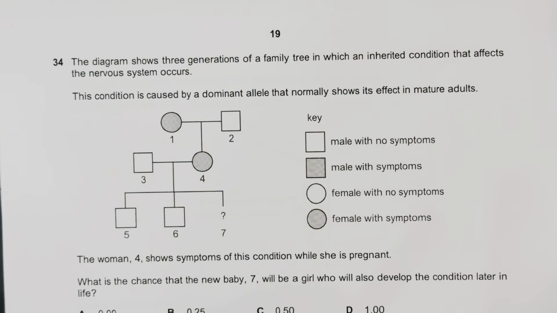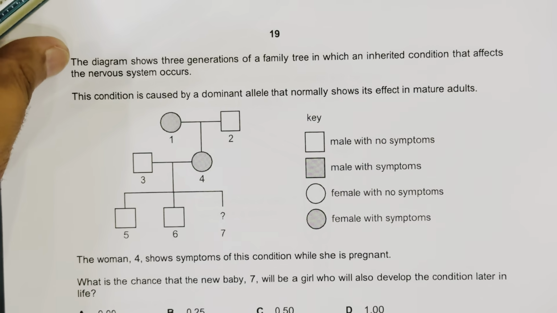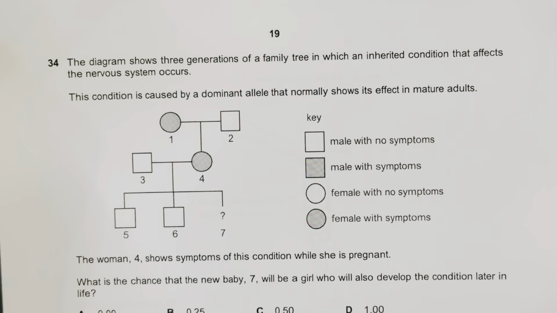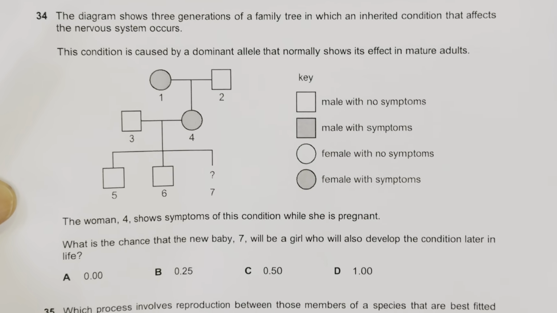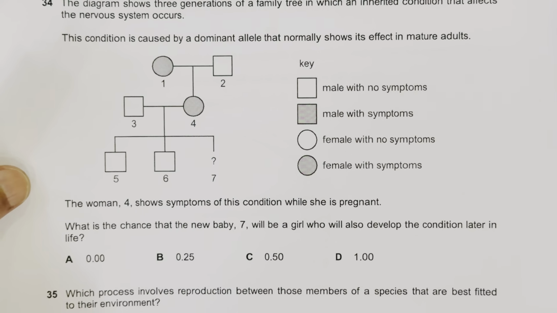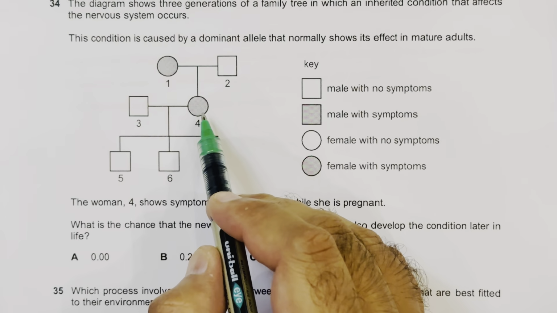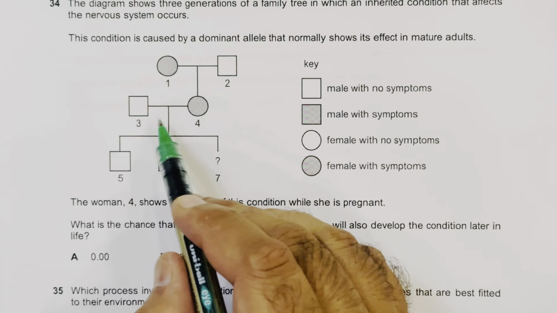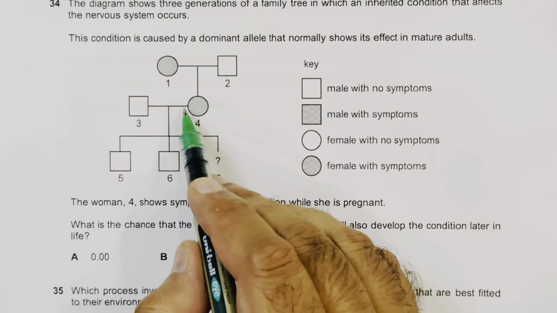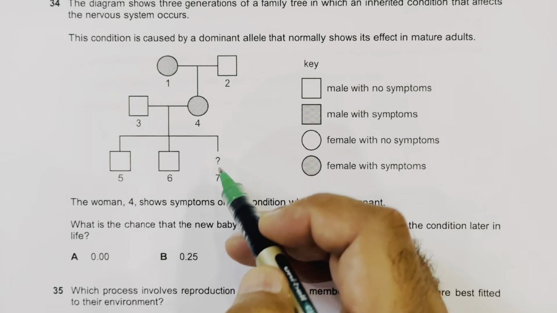Moving to question number 34. The diagram, this is a very interesting question. The diagram shows three generations of a family tree in which an inherited condition that affects the nervous system occurs. This condition is caused by a dominant allele that normally shows its effect in the mature adult. First 1 and 2, then 4, then from 4 it can go to 3 or 6. So it means that 4 has 25% chances.